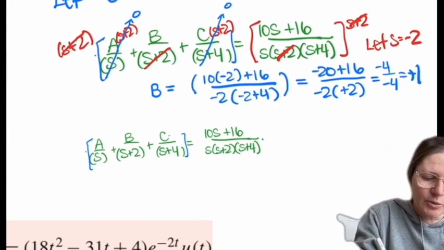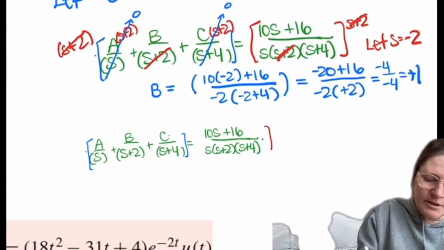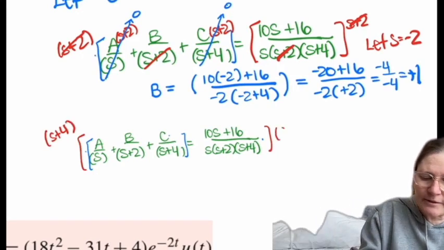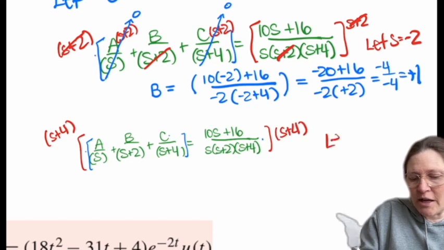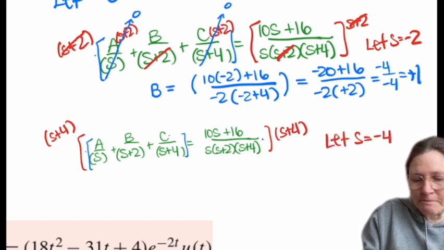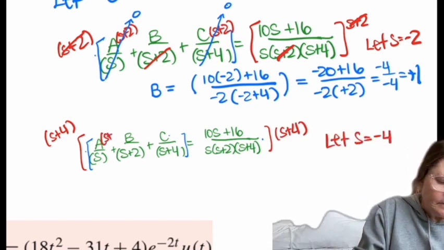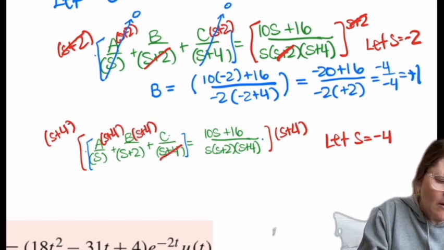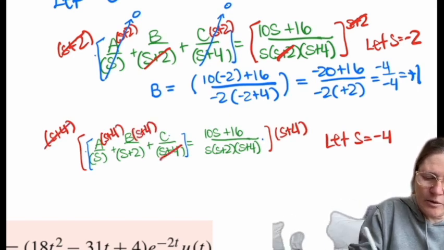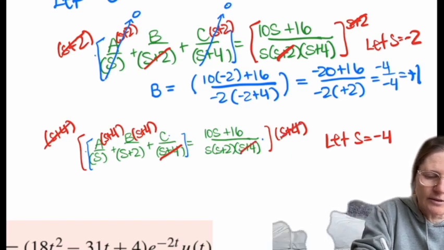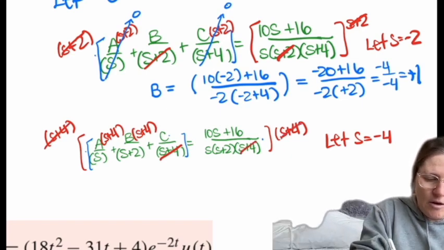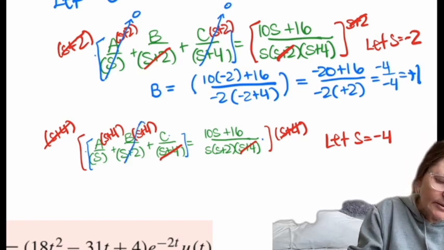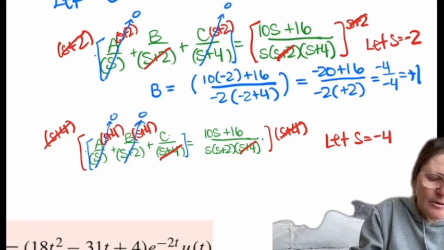And then this one is going to be your C value. So I'm going to multiply s plus 4 on both sides, and then I'm going to let s equal minus 4. That will get rid of these on this side, and this will go to 0, and this will go to 0.